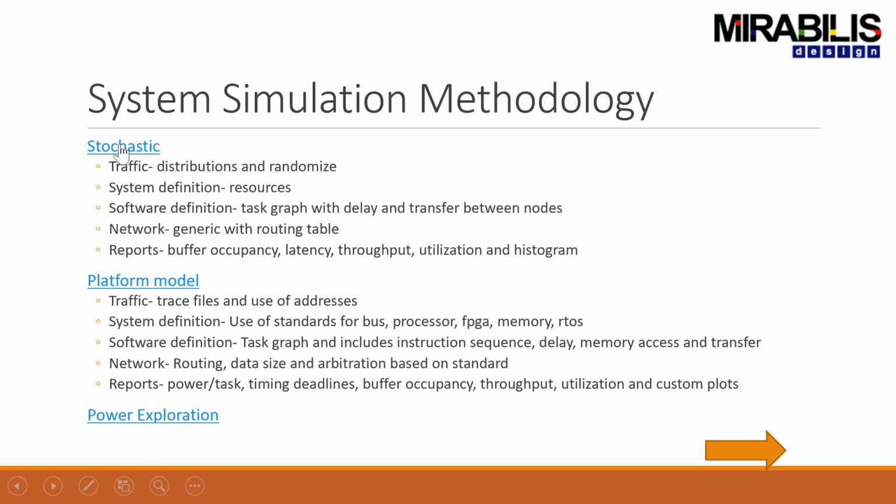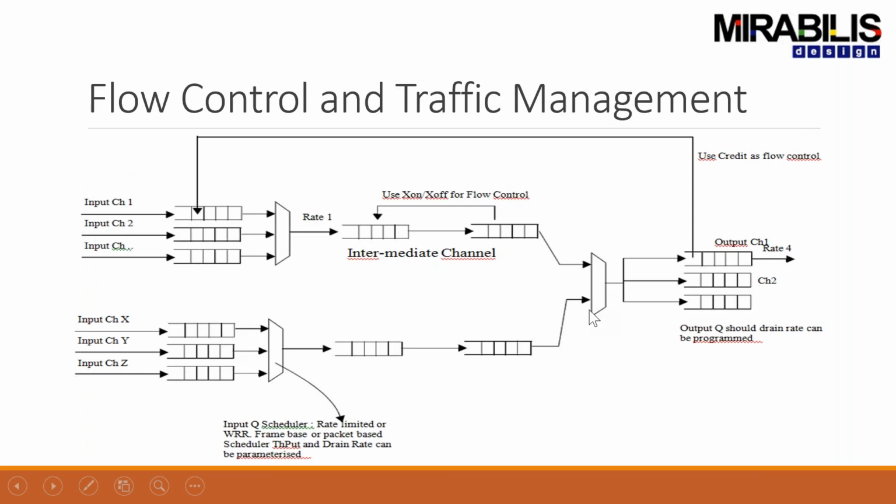So to give you an idea of what that would encompass, say for example, you have a flow control or traffic management in your system. So what you're looking at is, I've got multiple of these input or ingress ports.